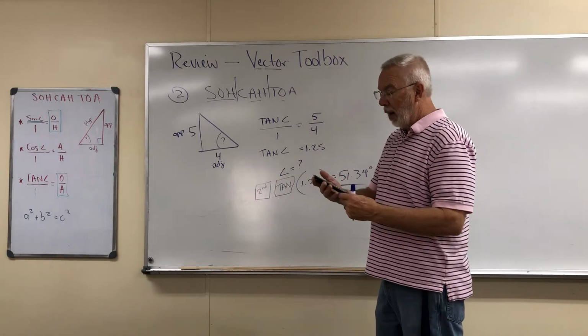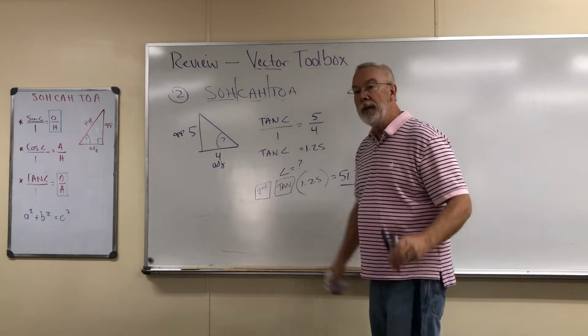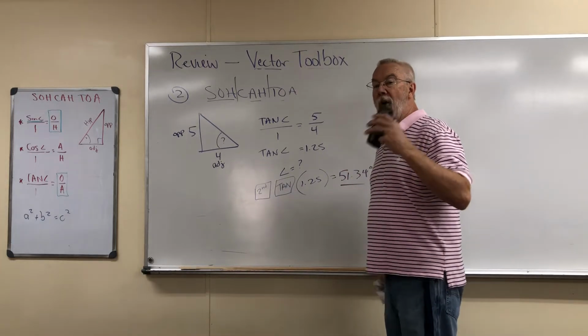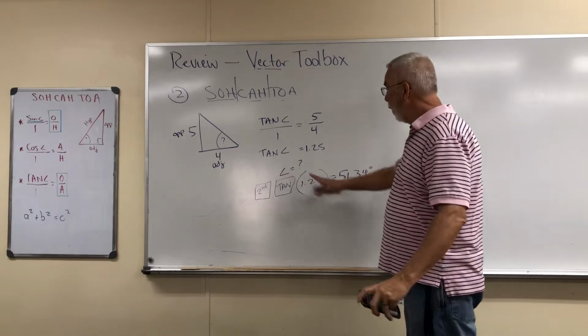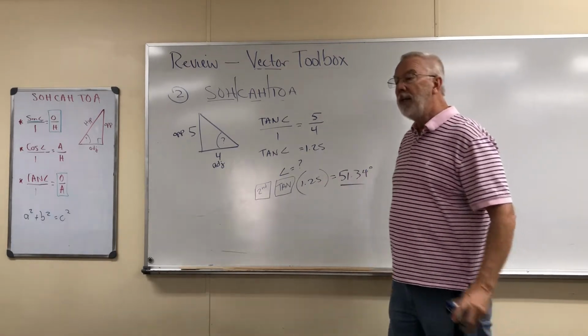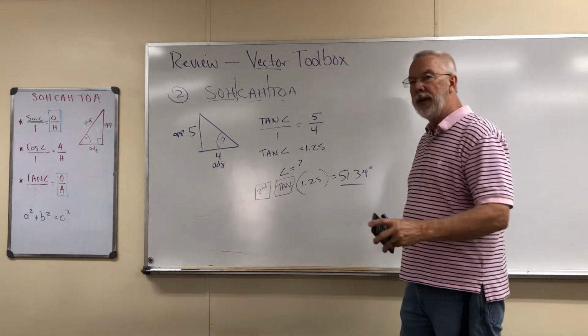Now, I just thought of something, and it might be important. In my class here at LCA, I've already tried to encourage all students to check this. But if you were working this problem right now and you did not get 51.3, there's a very good chance that your calculator is not set up in degrees.